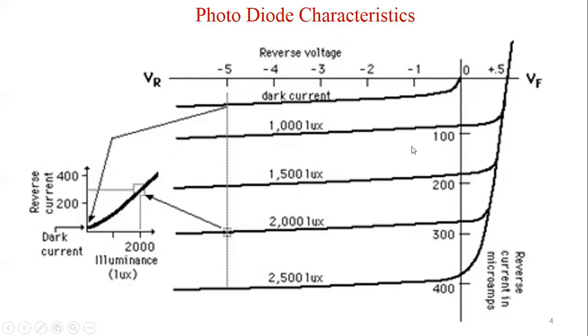If we increase the light intensity further, it will move toward 300, and with another 500 lumens of intensity, the current rises up to 400. This is how light intensity affects the amount of charges within this device, and so the current within this device.